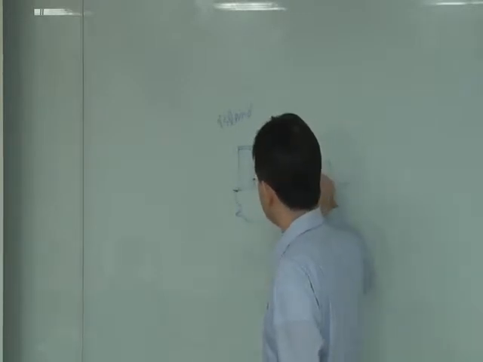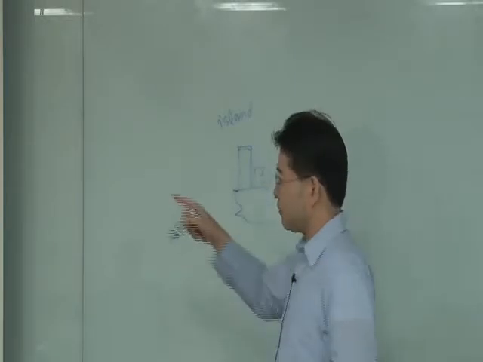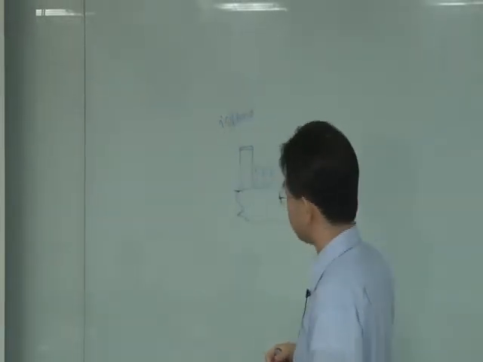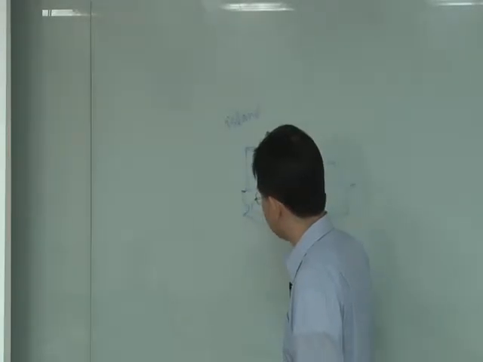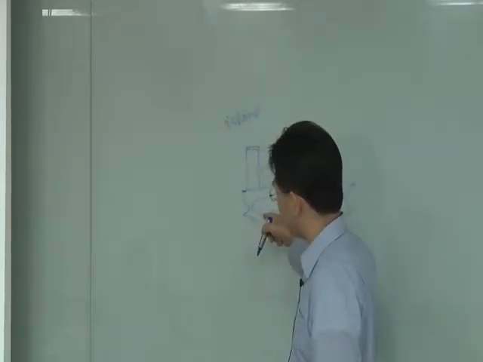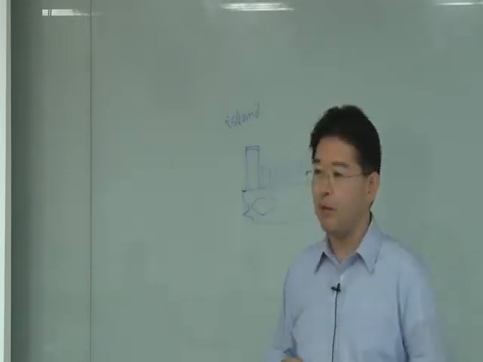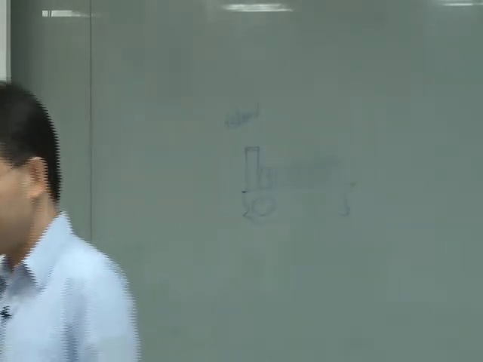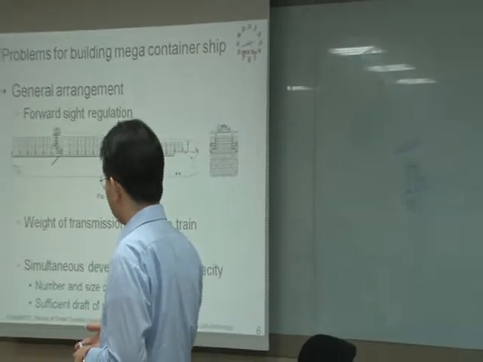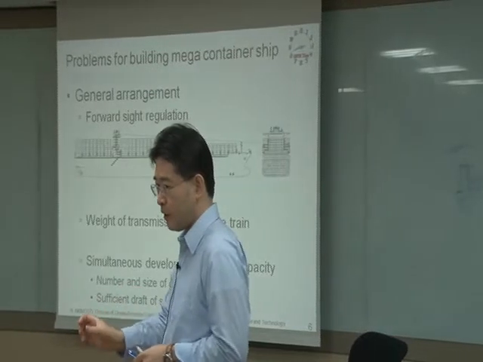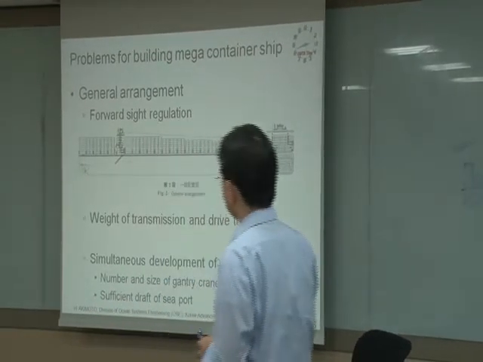This is a standard layout, but actually, in this configuration, engines are installed in the after part of the ship, so it will lead to concentration of weight load in the limited area.